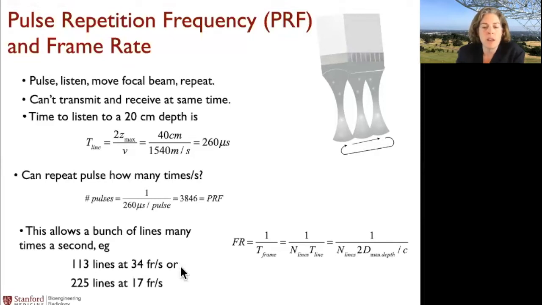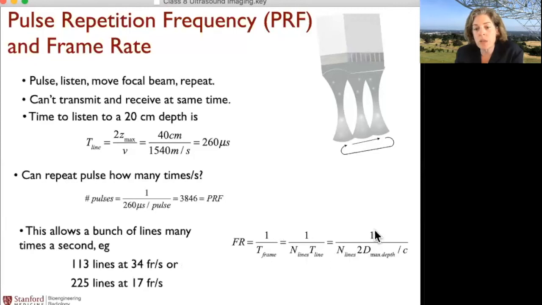If you calculate the frame rate, it's 1 over the time for a single frame, which is the number of lines times the time for a single line, and that's given by this equation. So it depends on the depth as well as your field of view and how many lines. But you can easily get frame rates of about 30 frames a second, and so that's considered real time. Somebody's moving, they're not going to be moving fast enough that you can't image that.